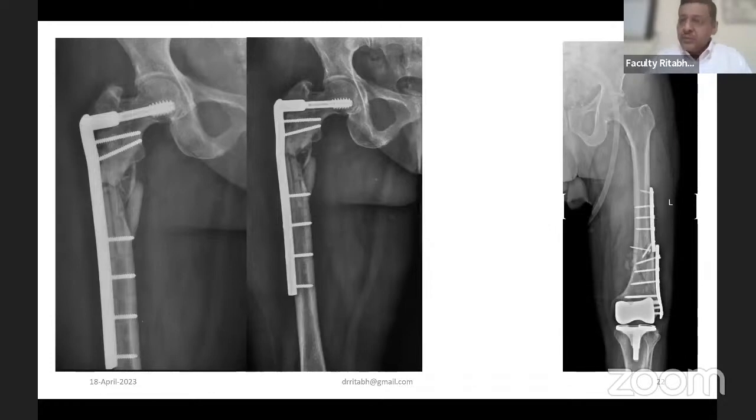So this happened to the gentleman's left femur 6 months down the line. The patient had a bilateral shaft femur fracture and had bilateral plating. The left side broke at 6 months. We fixed it. The left and the right side broke at 18 months. So this is stainless steel.